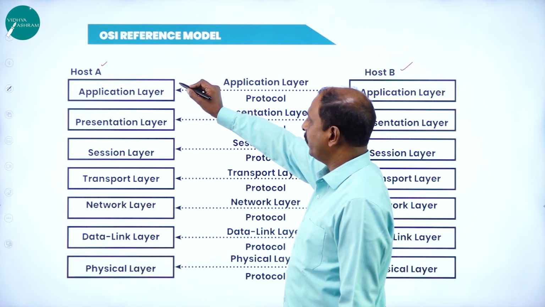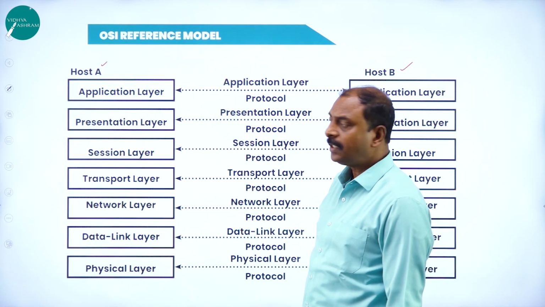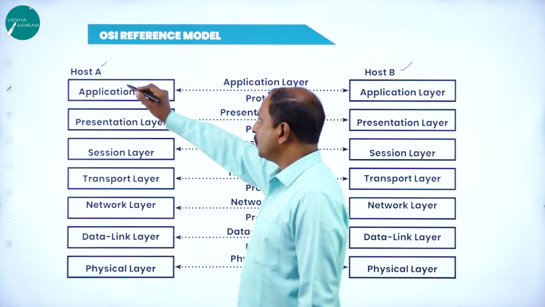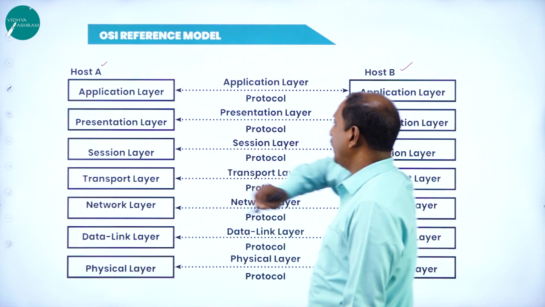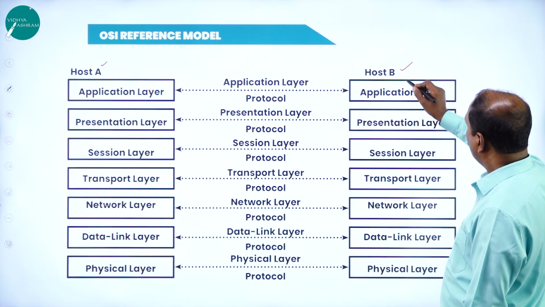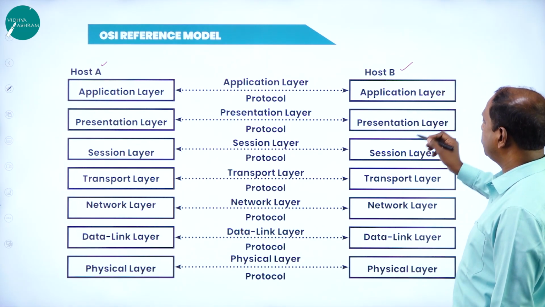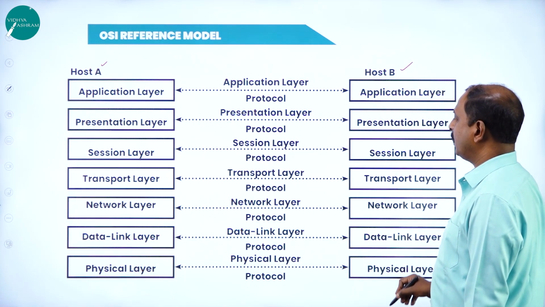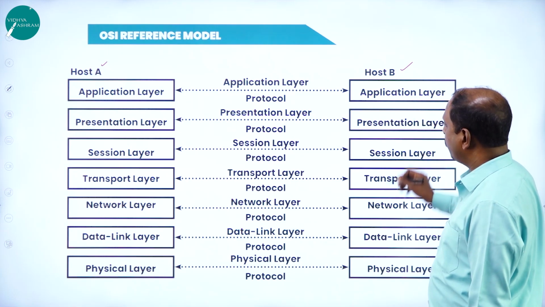Whenever you talk about network model here, in OSI reference model, the same model is applicable at the host level at the sender, and the same model will be applicable at the receiver or the other host. So this is a sender and receiver. All of them will come under this reference model.